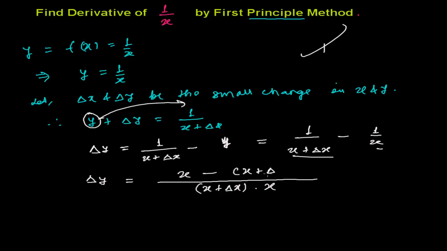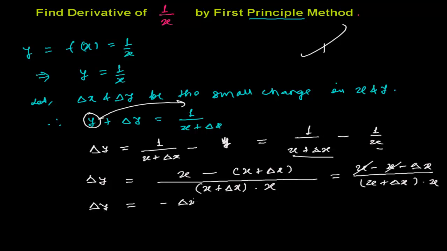Now we can open the bracket: x minus x minus delta x, whole divided by x plus delta x times x. Now x and x cancel out, and I am left with delta y equals minus delta x whole divided by x plus delta x times x.